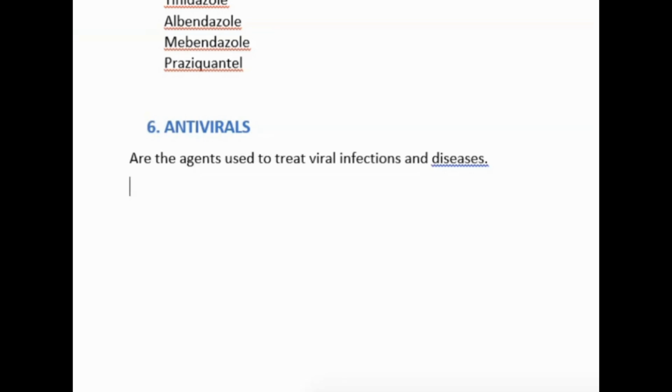So antivirals are medications which are used to treat diseases like herpes simplex virus, influenza, and HIV infection.